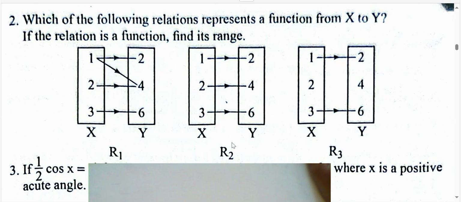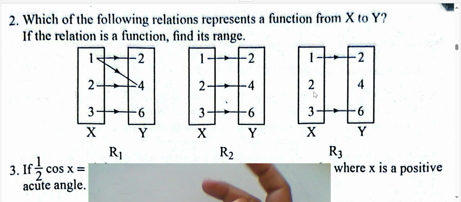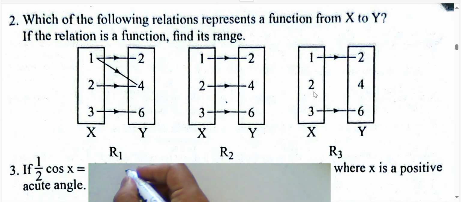Relation number 2 is a function because each element in X has one arrow to Y. And relation number 3 is not a function because element 2 hasn't any image in Y. So he wants to find which of the following relations represents a function from X to Y. Write relation number 2.